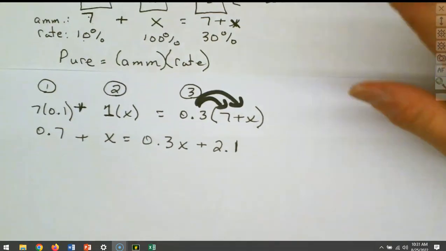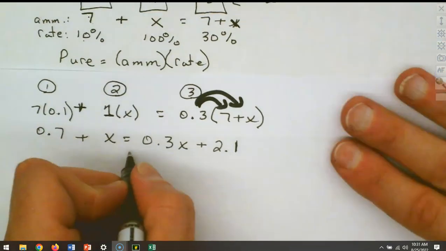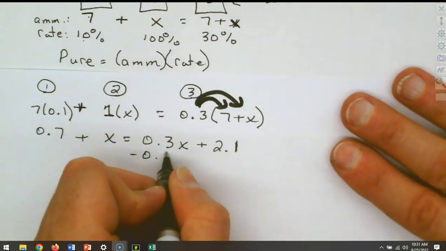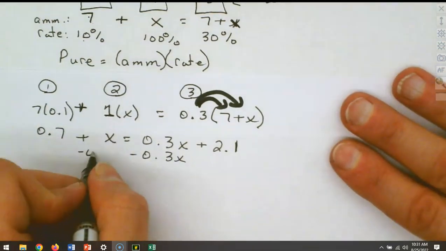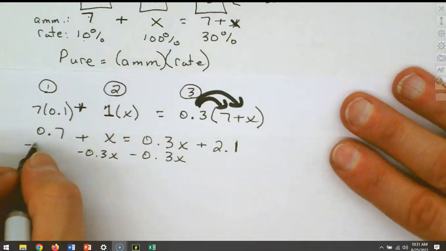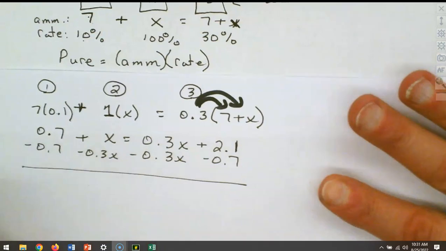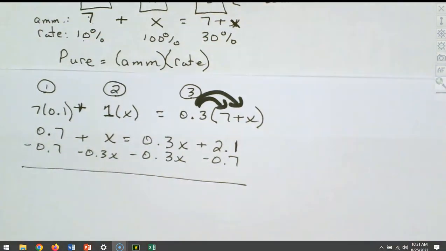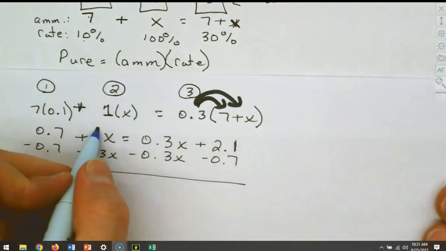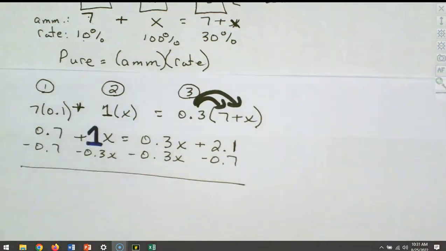Now we can finish it. So subtract off the 0.3x and subtract off the 0.7. Sometimes it's helpful to put the 1 in front when you work with decimals so you don't make a mistake. So I'm going to put the 1 there so I don't accidentally add wrong on the x's.